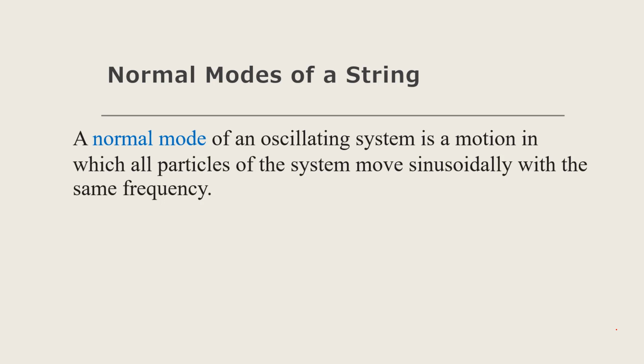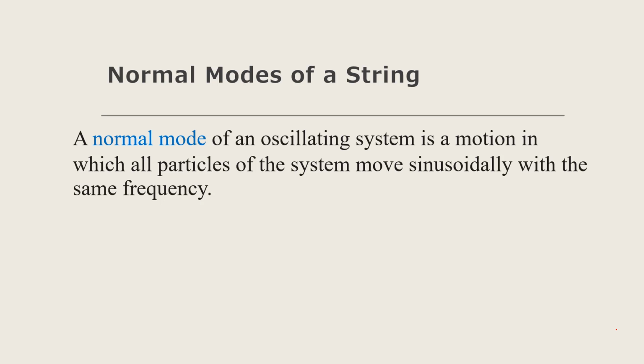If it is disturbed, a transverse disturbance will travel to both ends where reflections will occur. For example, if you have a guitar string and you disturb it, a transverse disturbance will travel to both ends where reflections will occur.